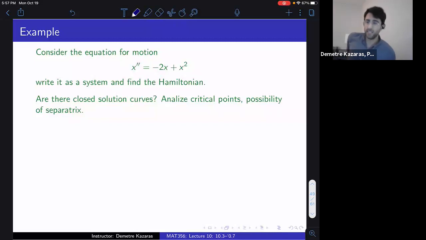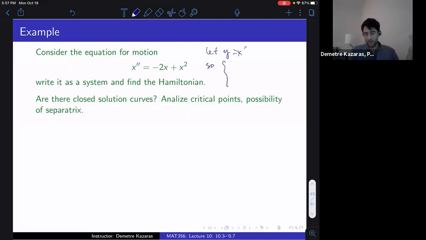So let's try to find H first of all, and then let's use that to study the system. All right, let's take a look. As usual, we'll let y be x prime.